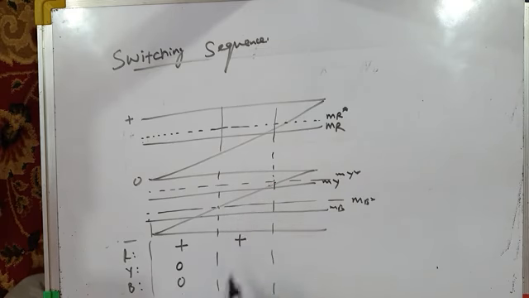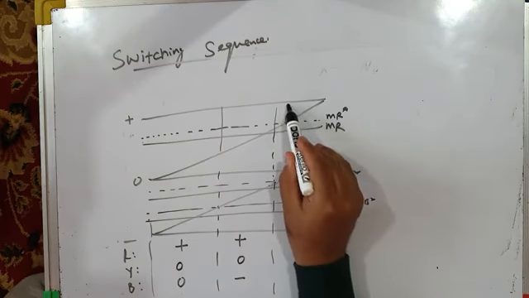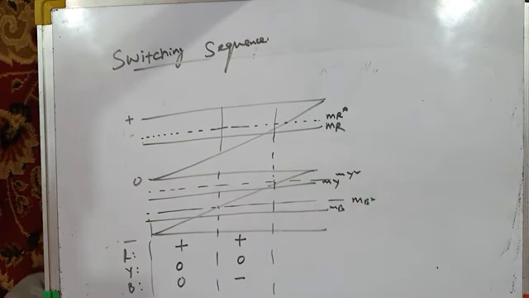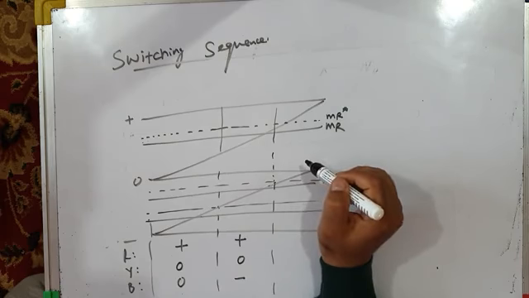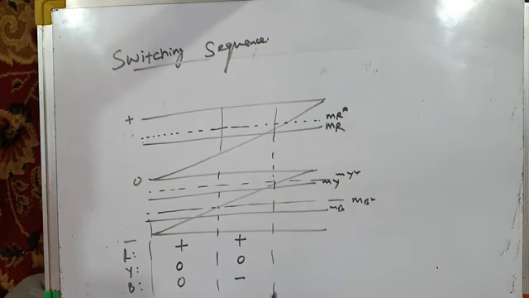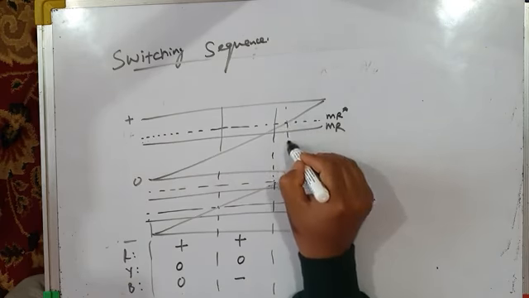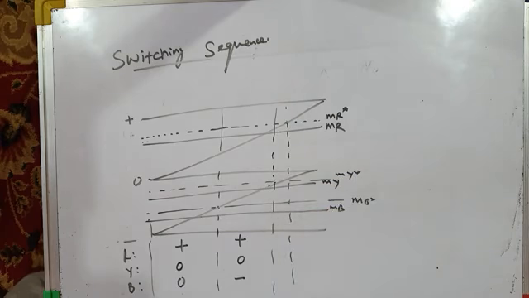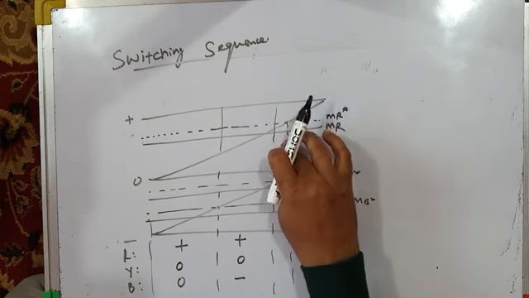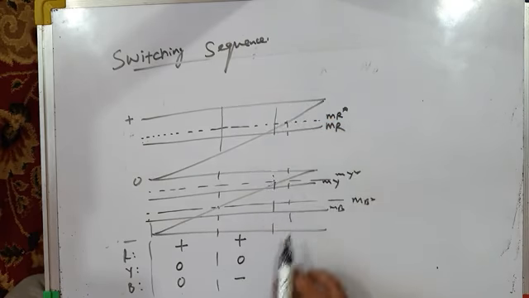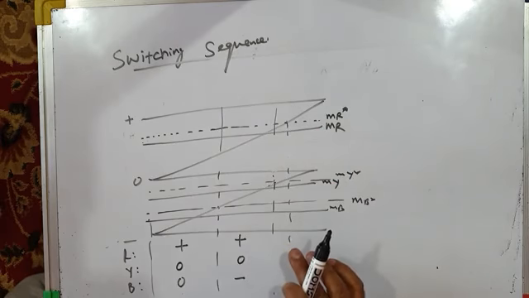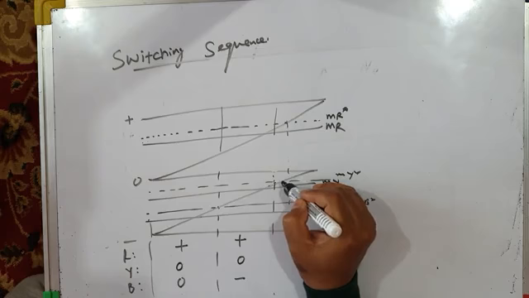MY is greater than one but less than another, so 0, and MB star is less than both the carriers, so minus. After that this is another point of intersection. Excuse me, there is some error here. This is somewhere here.